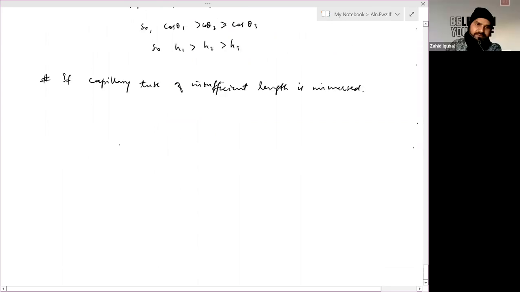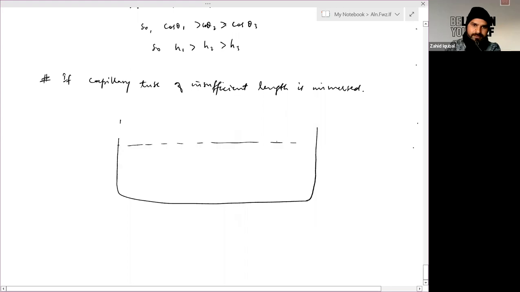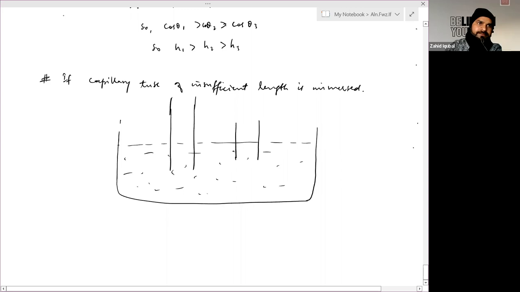Suppose you have a vessel like this carrying liquid up to this height, in which on inserting any capillary tube, let's say this, and now in this part, suppose another capillary tube of this much height.